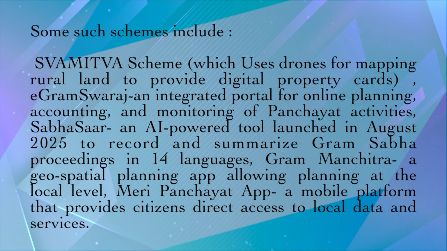Subhasar, which is an AI-powered tool launched in August 2025 to record and summarize Gram Sabha proceedings in 14 languages. Gram Manchitra, a geospatial planning app allowing planning at the local level. Meri Panchayat app, a mobile platform that provides citizens direct access to local data and services.